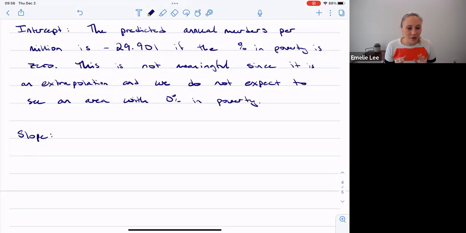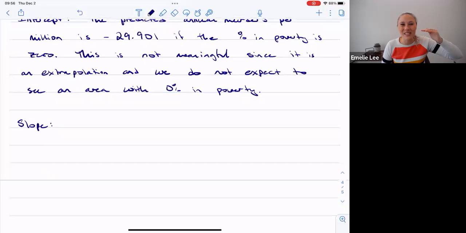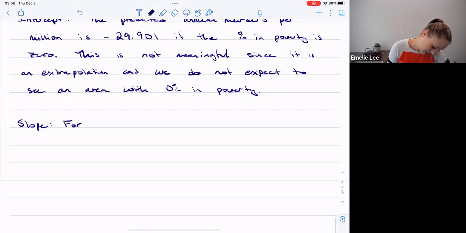So for the slope here, let me try this again. Slope, Emily, slope. I usually do slope and then the intercept. There's no reason to trip up. But here we go.